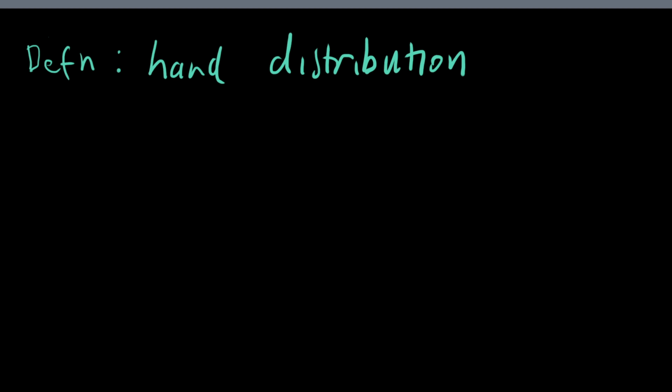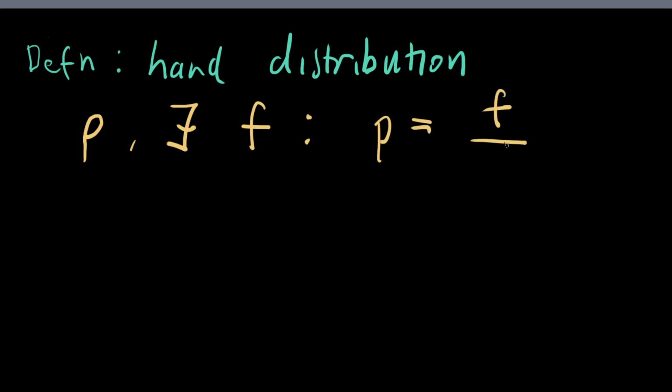So the hand distribution is a function. Let's call that function P, for which there exists a range F such that P is equal to F over the size of F. So what does this mean?